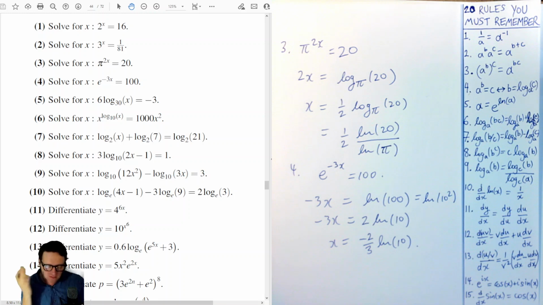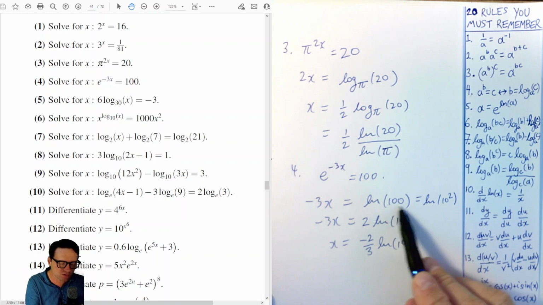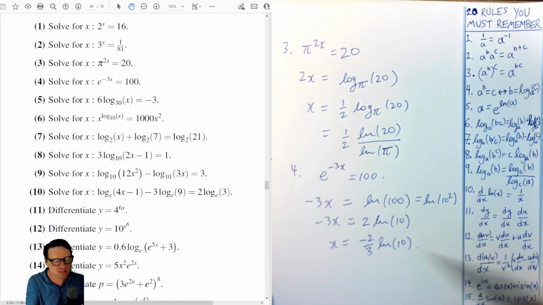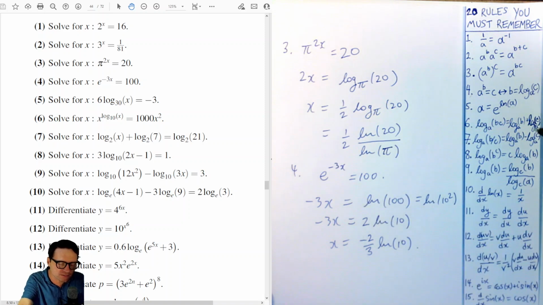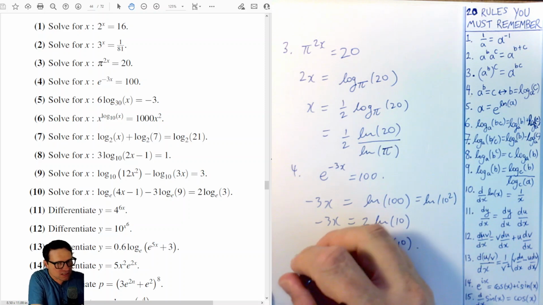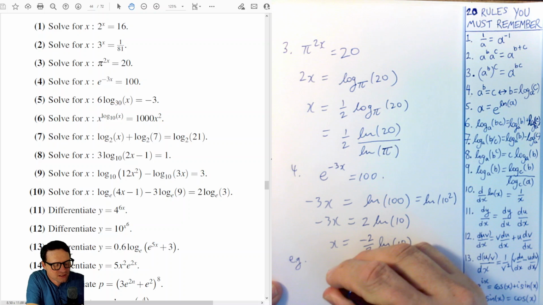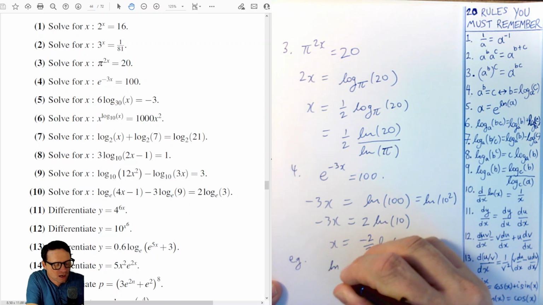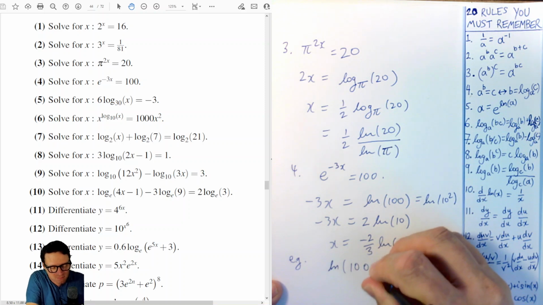All right, so one of the nice things about logarithms is that if you have a huge number inside here that's a power of something, you can take that exponent out in front using rule number 8. Okay, so let's have a look at another example here, e.g. if I have natural log of, say, 10 million.